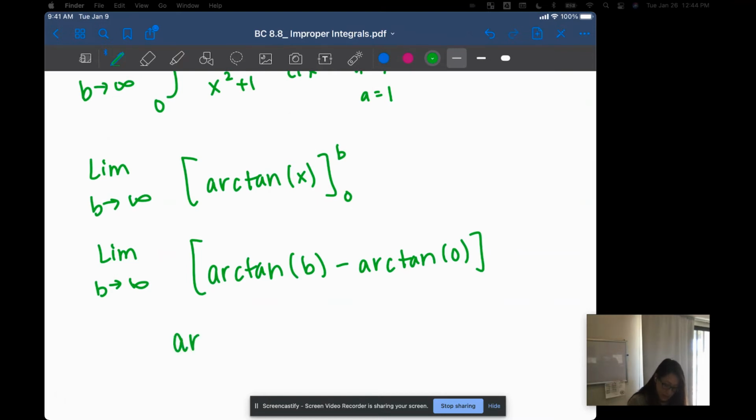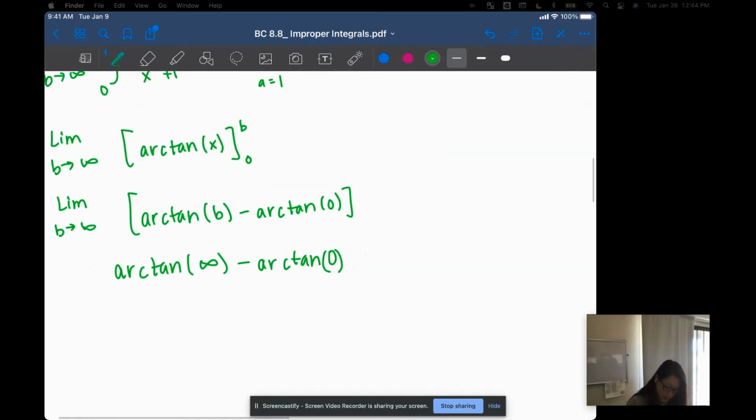So the arctan of infinity minus the arctan of 0. And I remember that arctan looks like this, that it has an upper bound. It has a range of negative pi over 2 to pi over 2.